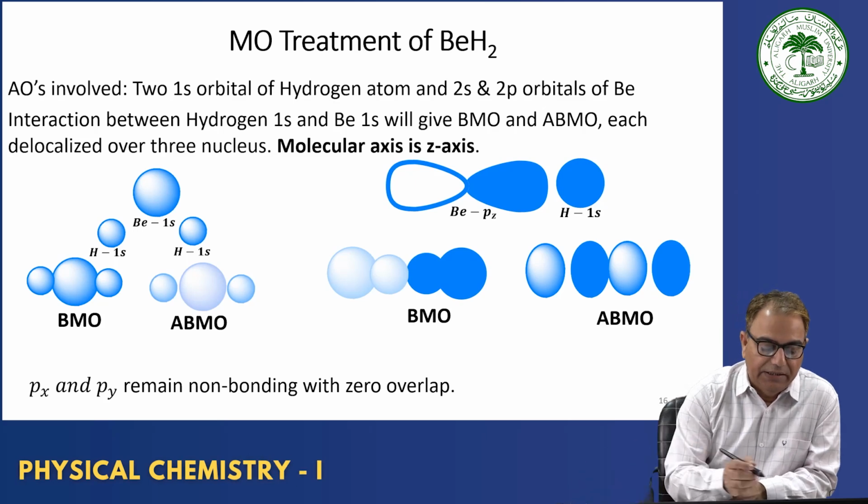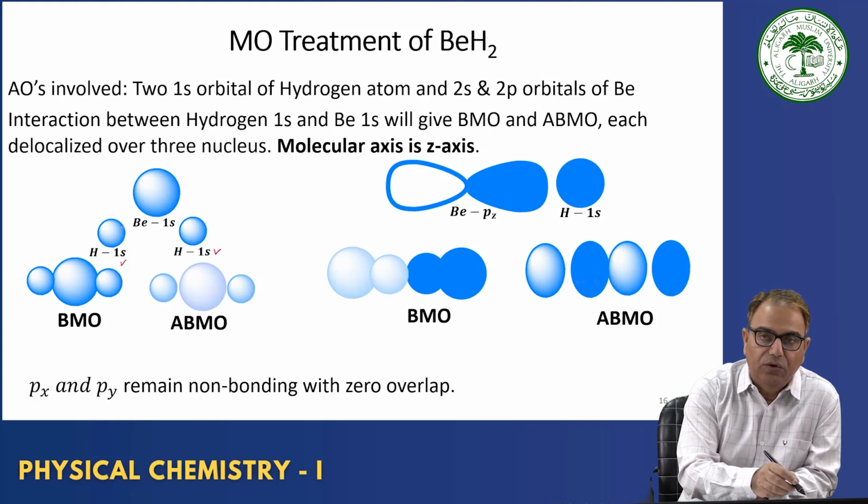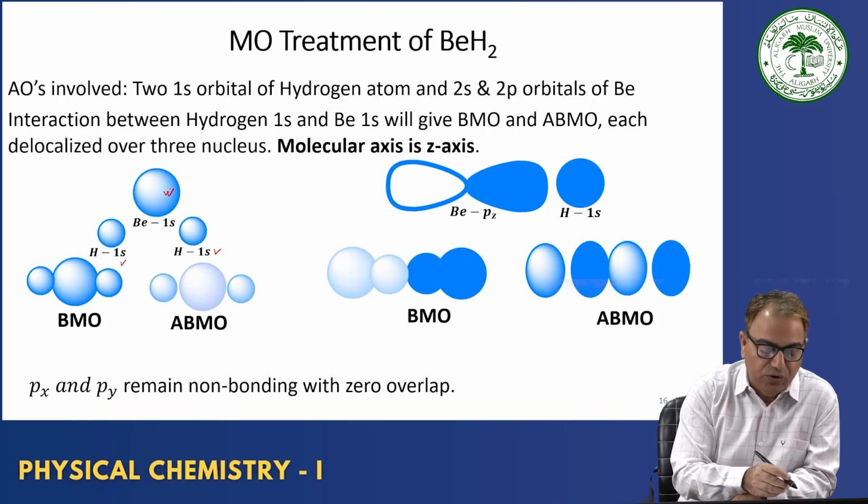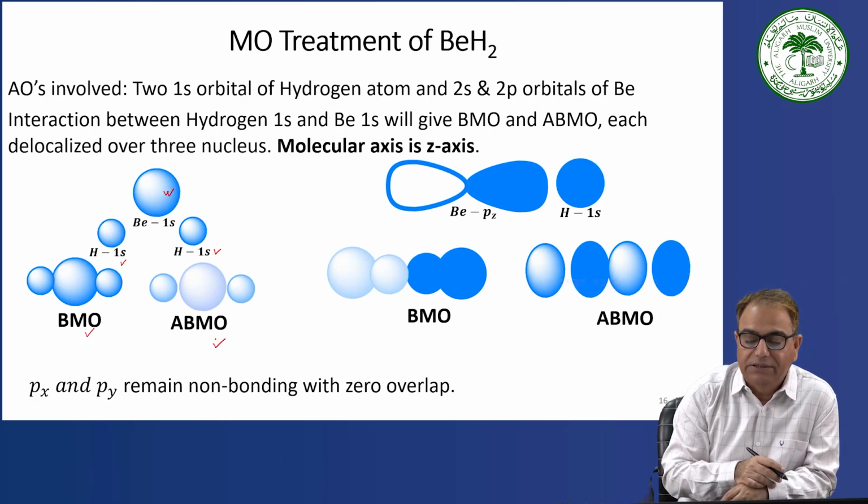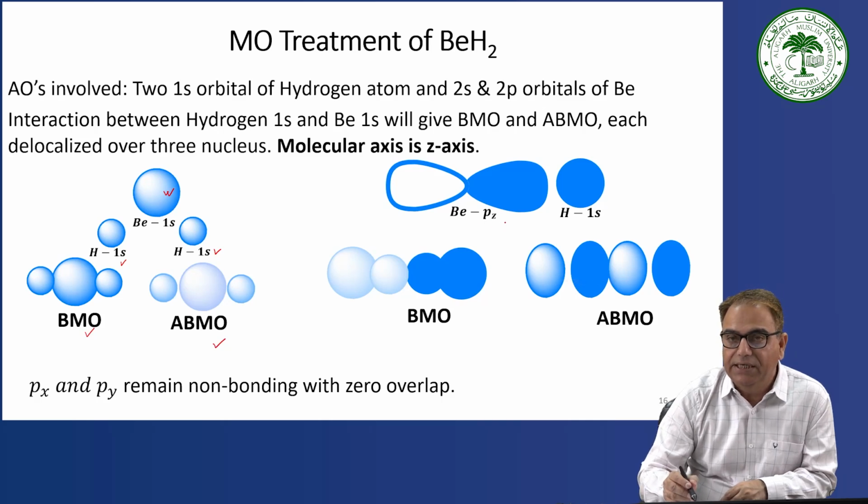So the two hydrogen 1s orbitals and the beryllium s orbital will combine to give you one bonding and one anti-bonding molecular orbital. In the same way, beryllium pz and hydrogen 1s will combine to give you another bonding and anti-bonding molecular orbital.